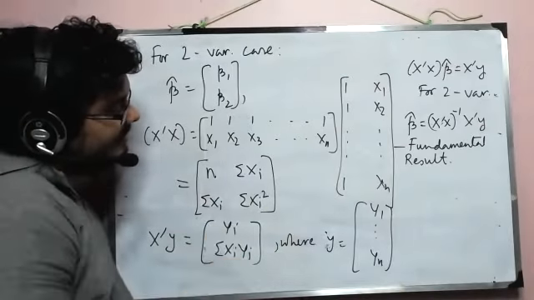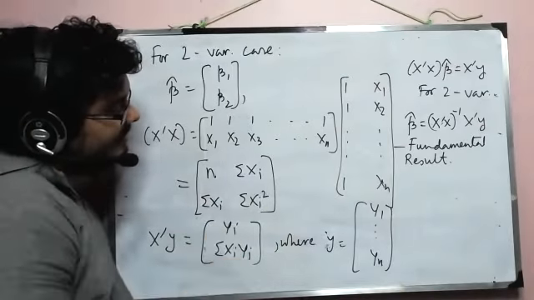Okay. All right. And now we are just going to write the expression. So this will be (X'X)^{-1} X'u, and let's just add another bracket to make it look okay.